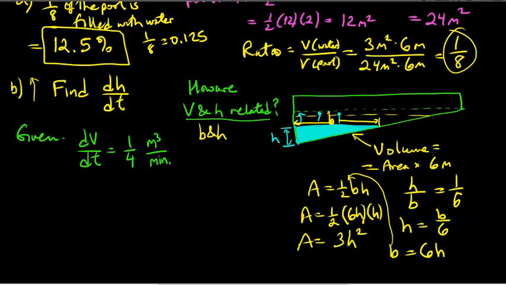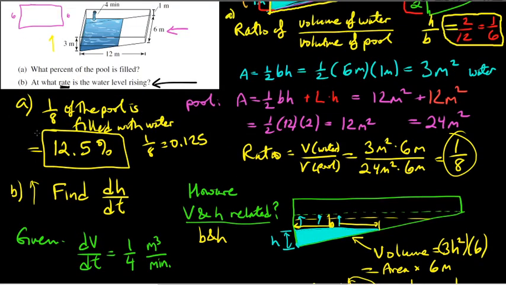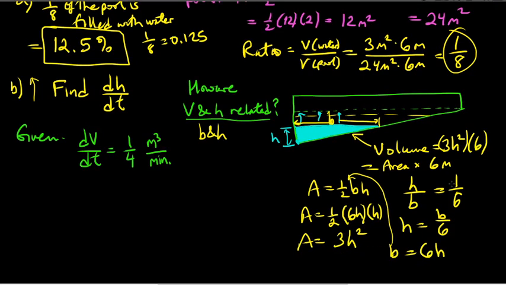And so now the volume is the area, 3h squared, times the 6 meters, and that's the width of the pool, which was a constant. So for the volume, we get 3 times 6h squared, 18h squared. And so that answers the question, how are v and h related? V is 18 times h squared.